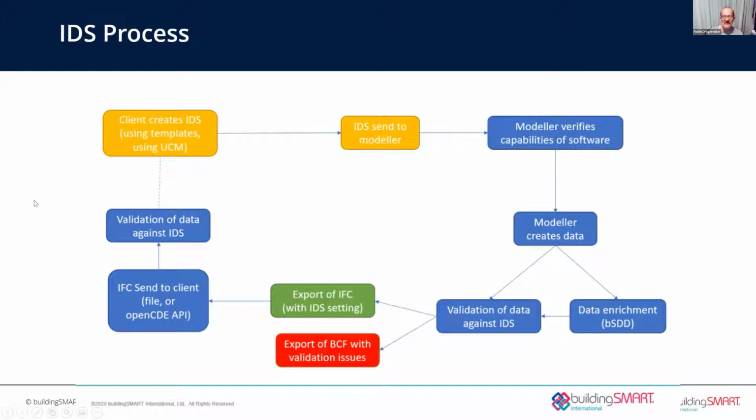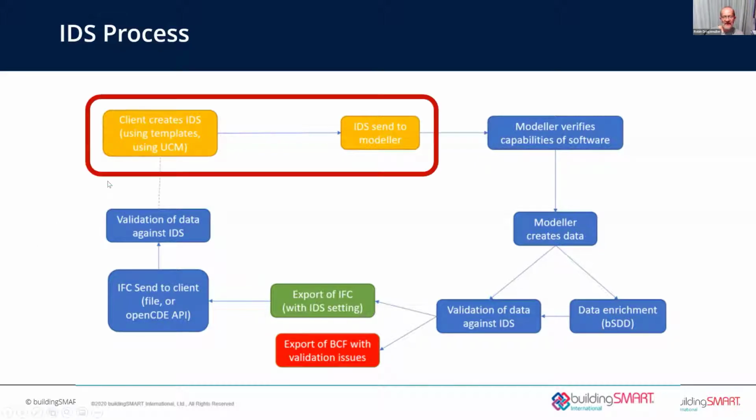Thanks, Sara. So this is the schematic diagram that was put together at the start of the IDS project. We start in the top left-hand corner. So this is the client.